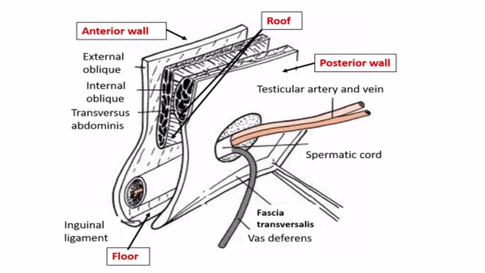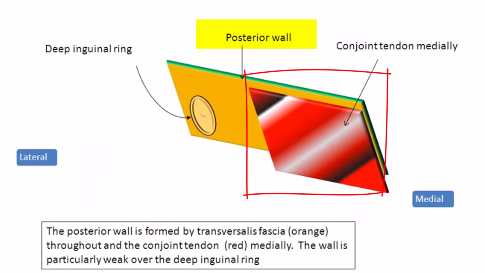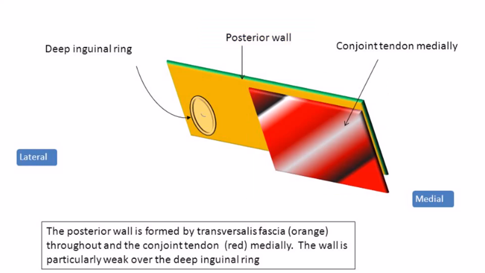Now look at the posterior wall. The posterior wall is formed along its whole length by the fascia transversalis, extraperitoneal tissue and the parietal peritoneum, but the medial two thirds is reinforced by the conjoint tendon and the reflected part of the inguinal ligament. So the posterior wall is strengthened on the medial side, and the anterior wall is strengthened on its lateral side.